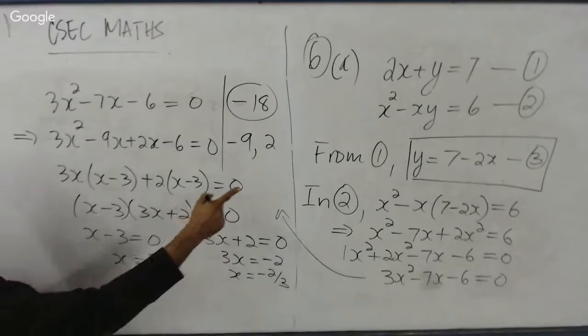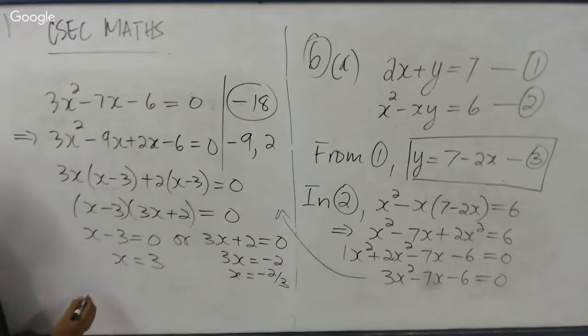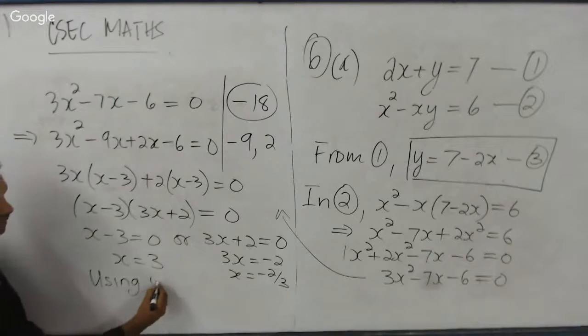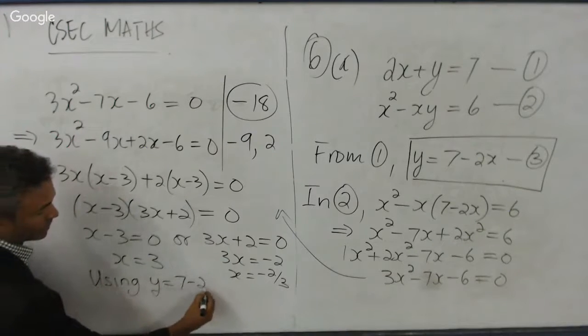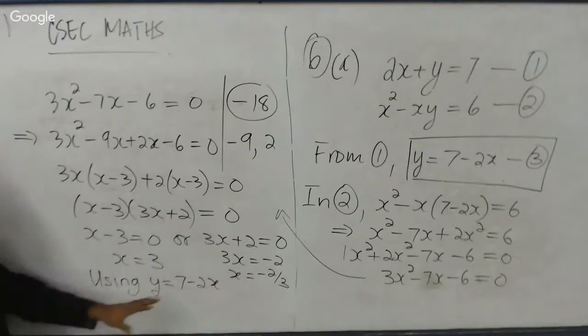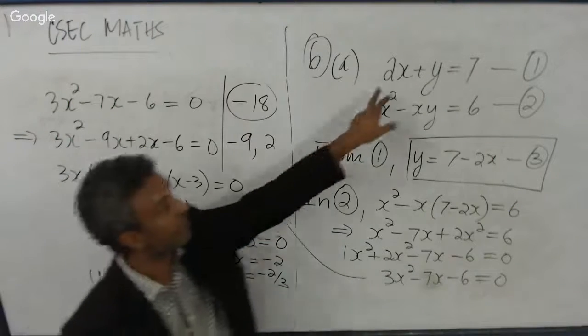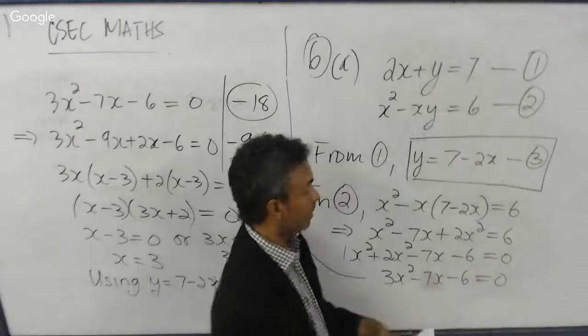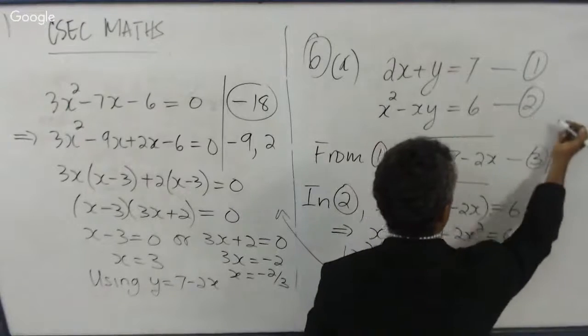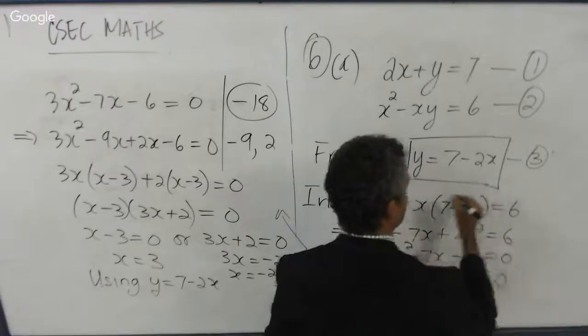So I'm going to use my third equation, y equals 7 minus 2x, and I agree that you don't have to use this. Most of us would probably use the first one. The reason I'm using this one is I already have y in terms of x.